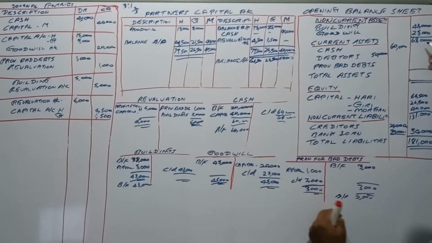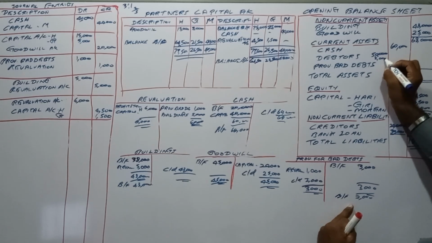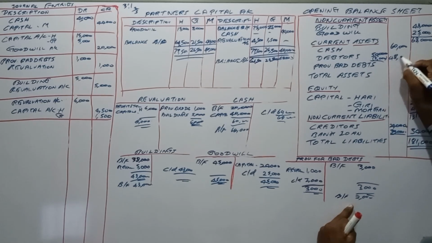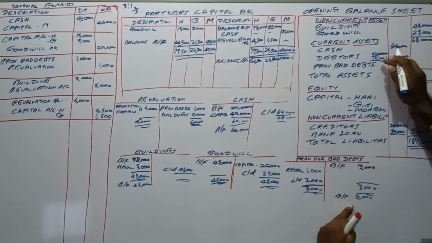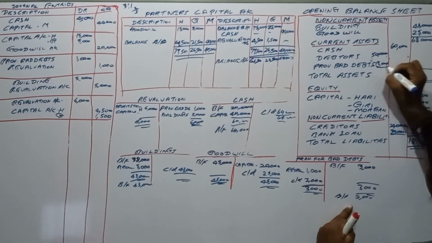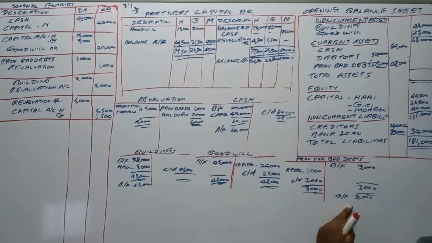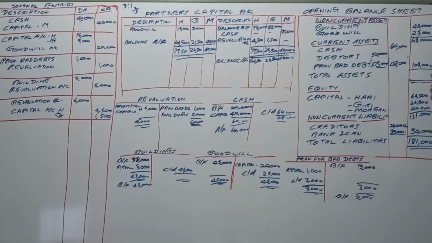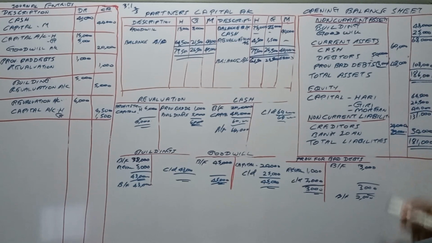Provision for bad debts is 2,000. 48,000, 48,000, 108,000. One is increased by 5,000.